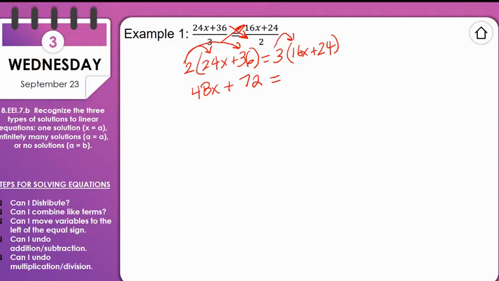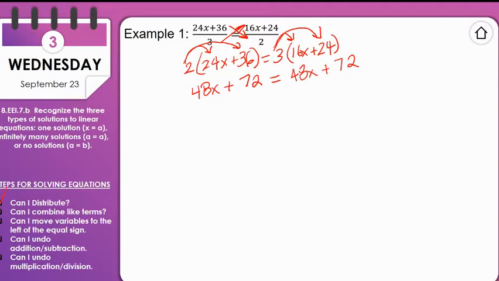Again, everything outside gets multiplied times both values inside. Positive 3 times positive 16x becomes positive 48x. 24 times 3 becomes positive 72.